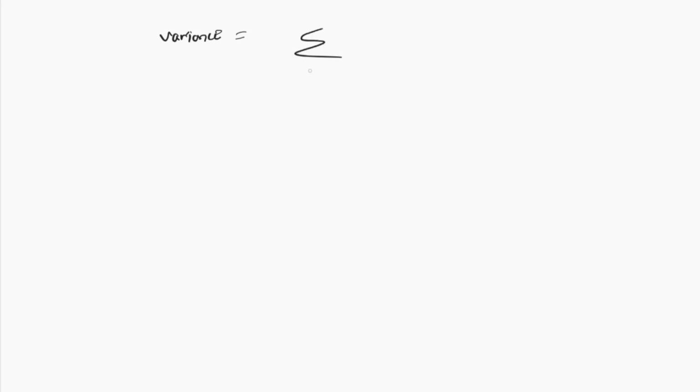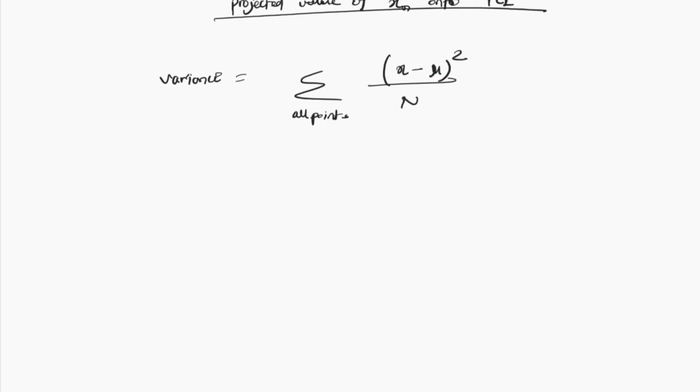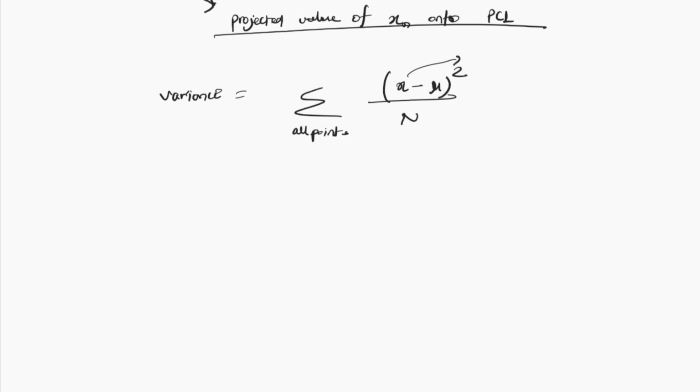Variance is nothing but the summation over all points of x minus mu, divided by n. So this is variance, where x is the data points and mu is the mean of the data points, and n is the total number of data points. So this is how we define variance.